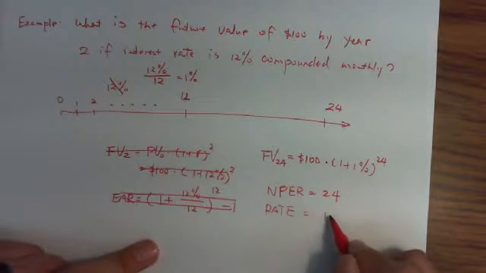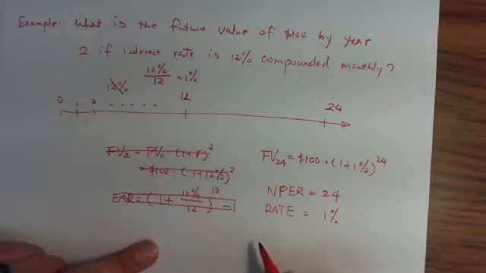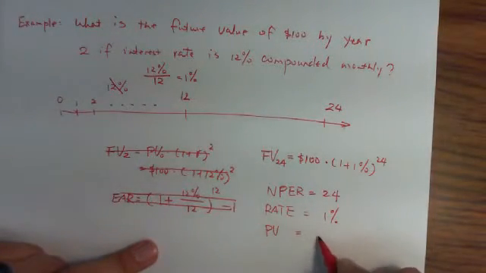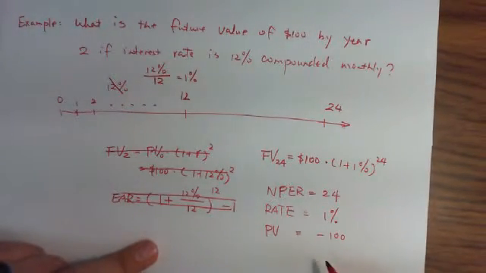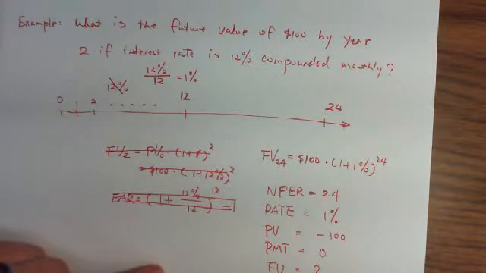We need to set it as 1%. The present value, of course, is negative 100. Now in this example, we don't have any payment, so the payment is 0. We are going to compute the future value using the FV function. So this is the recommended method.